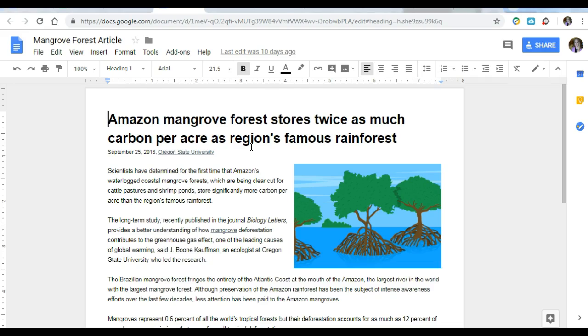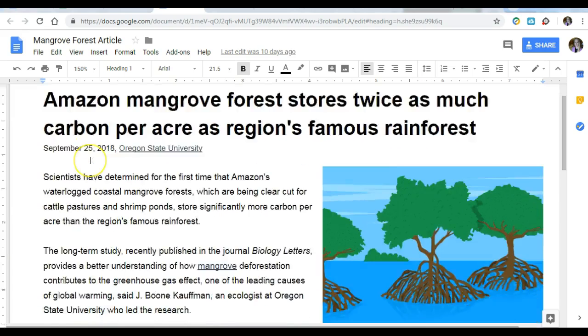So Amazon mangrove forest stores twice as much carbon per acre as region's famous rainforest. Okay? Scientists have determined for the first time that Amazon's waterlogged coastal mangrove forests, which are being clear-cut for cattle pastures and shrimp ponds, store significantly more carbon per acre than the region's famous rainforest.